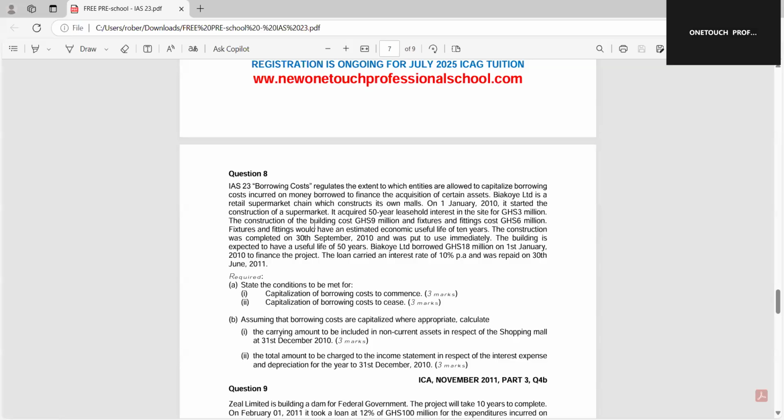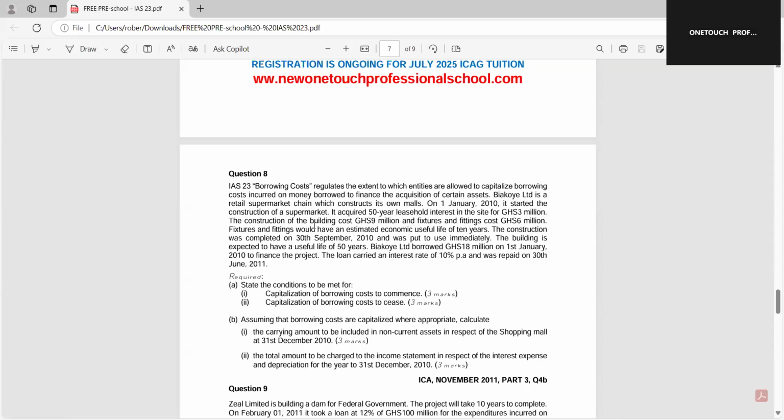Once it continues on the part yet to be completed. So we are saying that where the project is completed in parts, then borrowing costs capitalization should cease on the part completed, while it continues on the part yet to be completed. Did you get it?